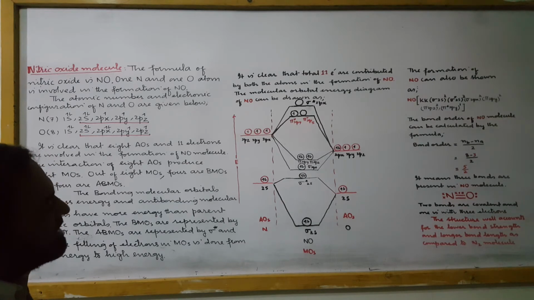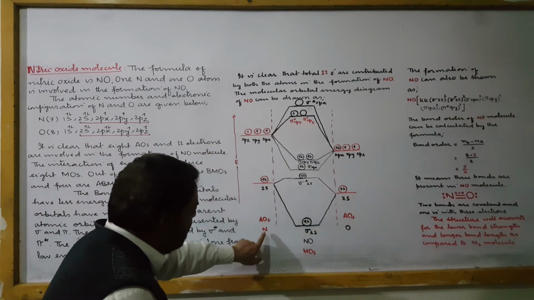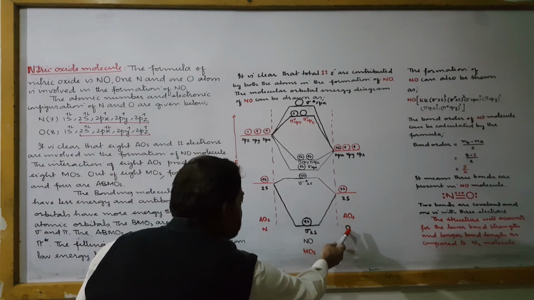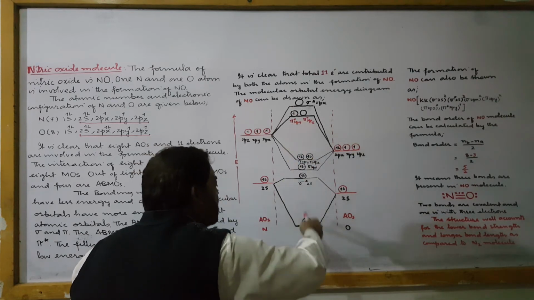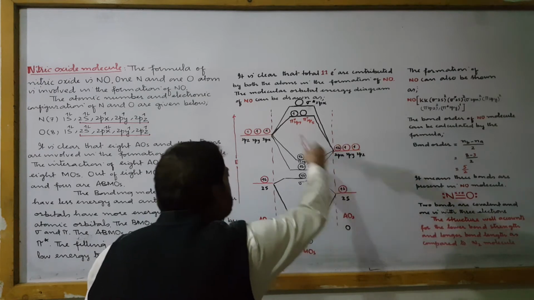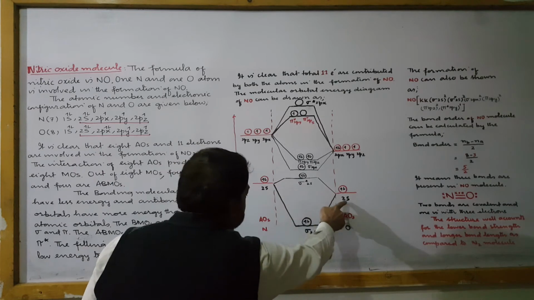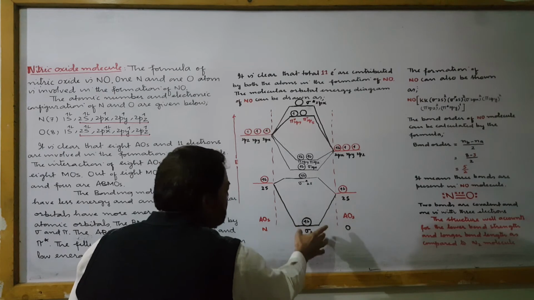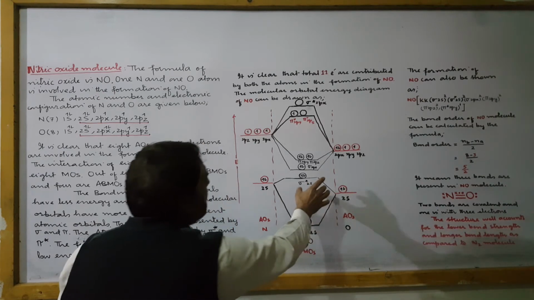The molecular orbital energy diagram for the formation of NO can be drawn as here, with energy on the axis. These are the atomic orbitals belonging to nitrogen, the atomic orbitals belonging to oxygen, and here are the molecular orbitals of NO. The interaction of 2s gives 2 molecular orbitals, sigma 2s, a bonding molecular orbital, and sigma star 2s, an anti-bonding molecular orbital.